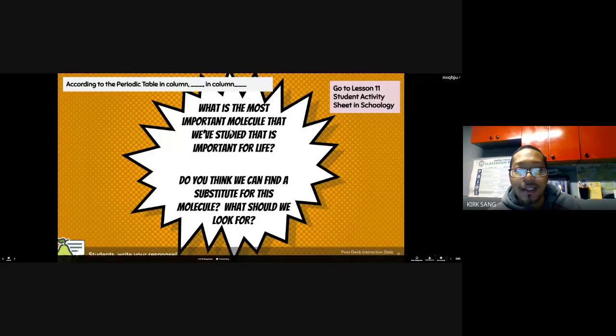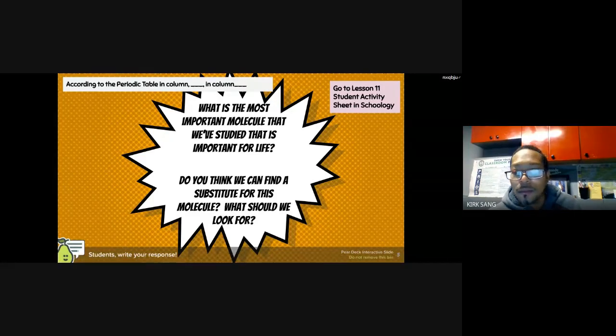So that's one sentence. We know that water is the most important. Do you think we can find a substitute for this molecule? And what should we look for? So 3 sentences. See Jacob using the term substitute.